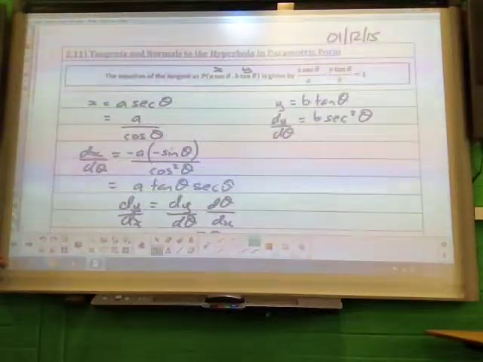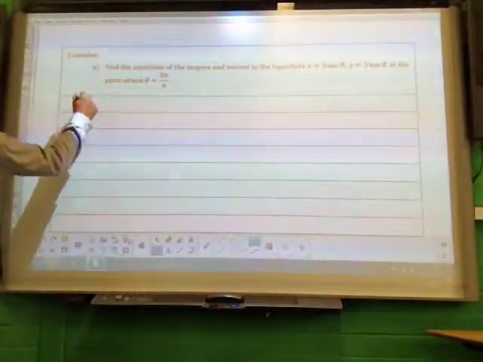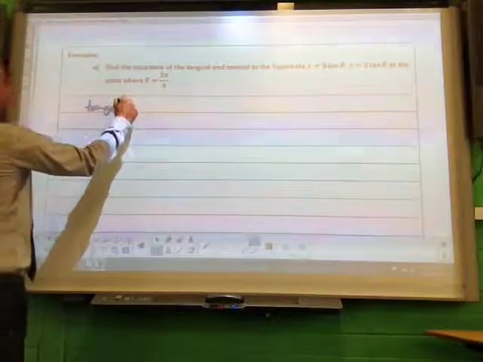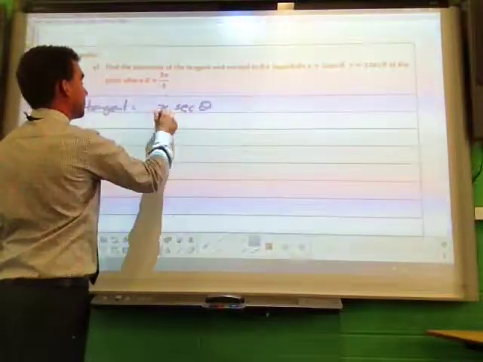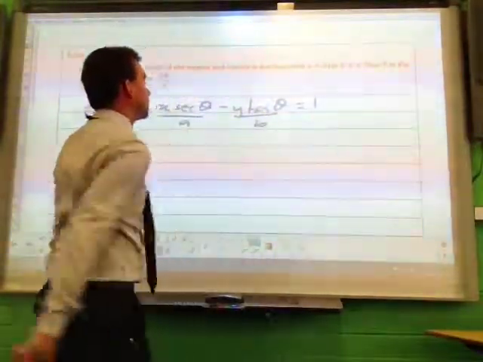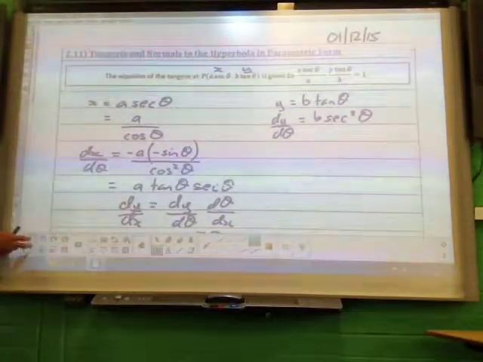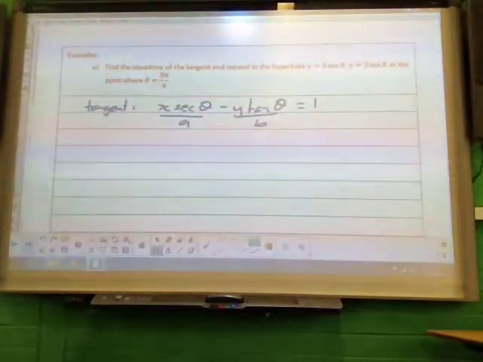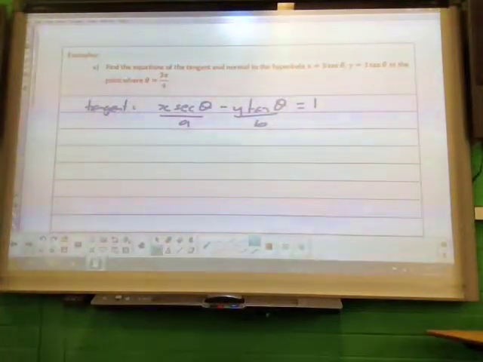Okay, so the tangent is x sec theta on A, take away y tan theta on B. So there's the format for the equation of the tangent, and we've got some more info now.